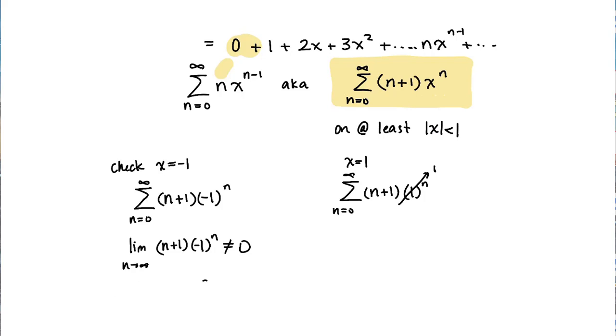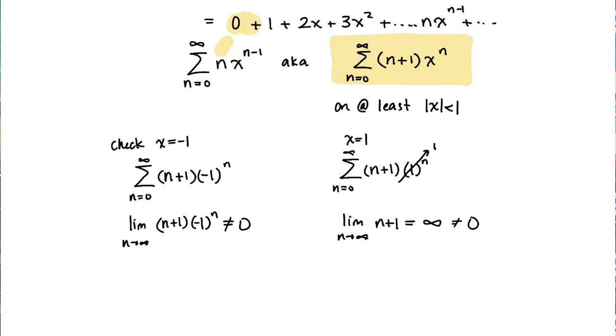Our divergence test will tell us that the limit is not equal to 0. And with the non-alternating series, n plus 1, when I take the limit as n goes to infinity of n plus 1, we get straight up infinity. So clearly in either of these cases, by the divergence test, neither series converges.